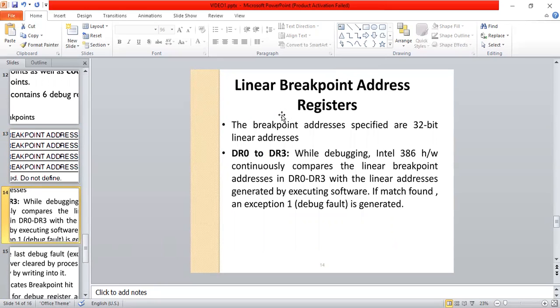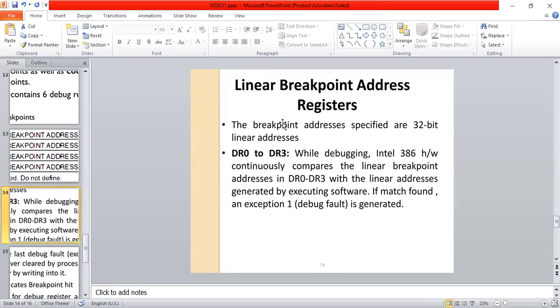The linear breakpoint address registers DR0 to DR3 specify 32-bit linear addresses. While debugging, the 80386 hardware continuously compares the linear breakpoint addresses in DR0 to DR3 with the linear addresses generated by executing software.